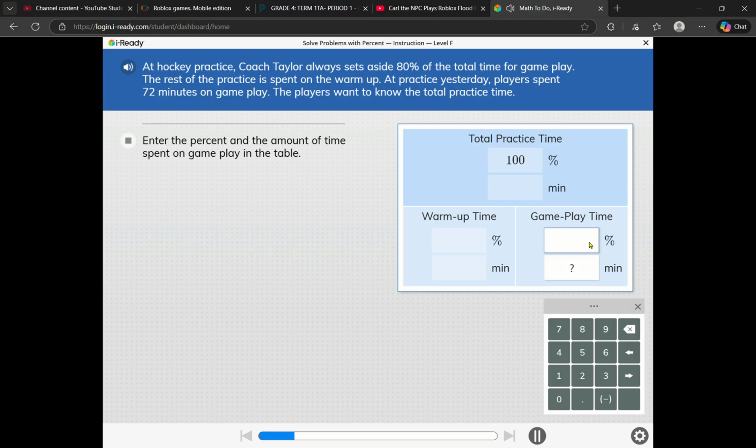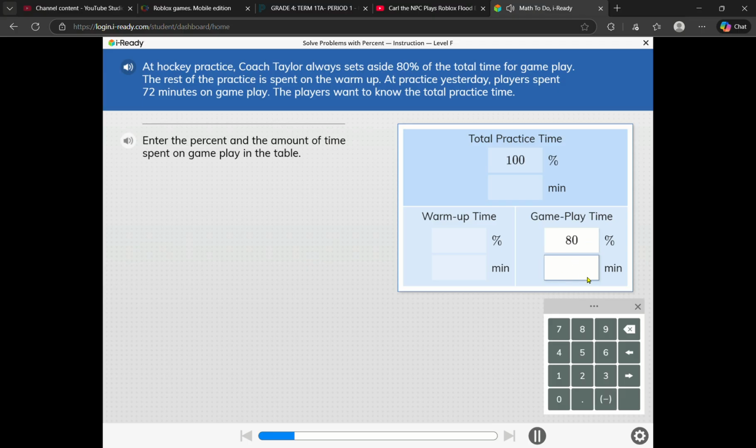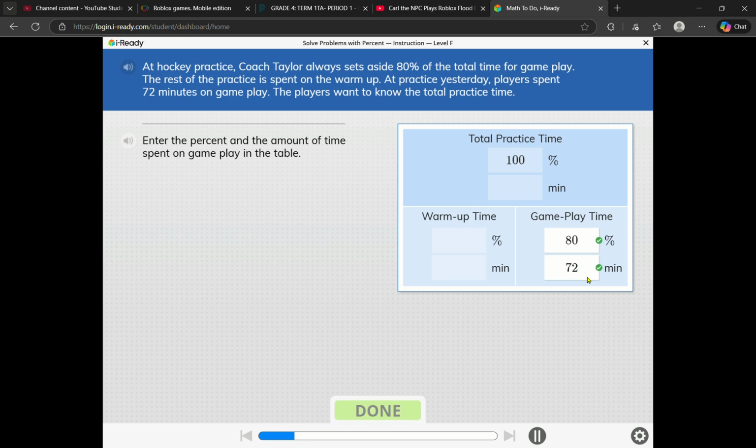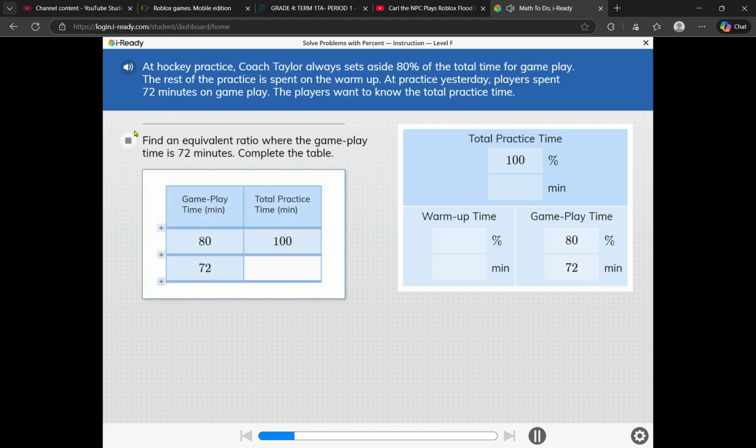Enter the percent and the amount of time spent on gameplay in the table. Now, let's use what we know about the gameplay time to find the total practice time. Find an equivalent ratio.